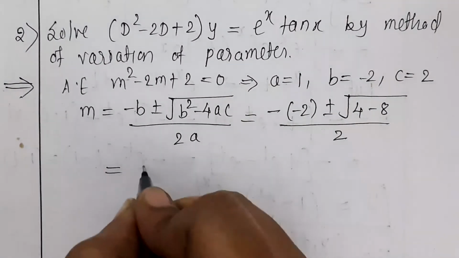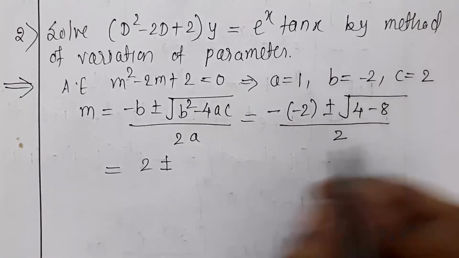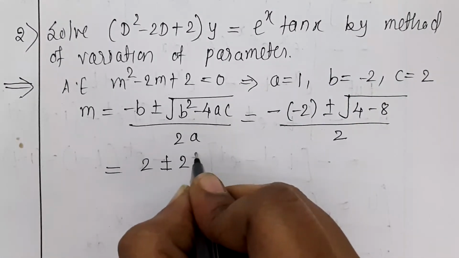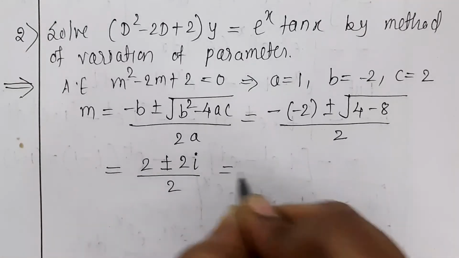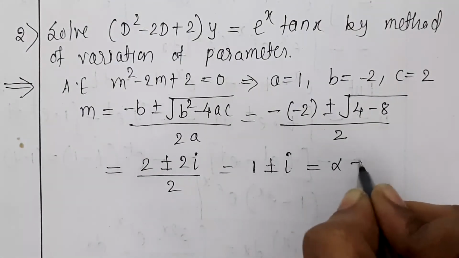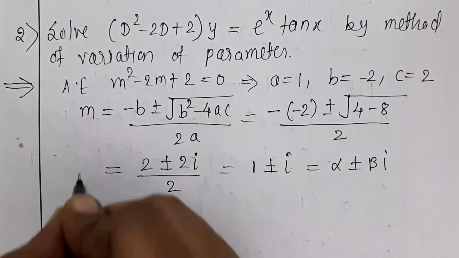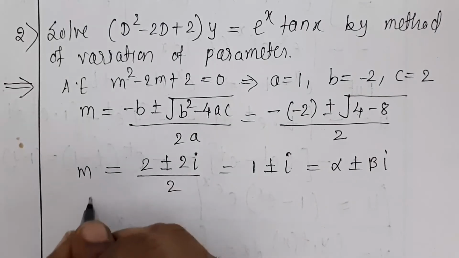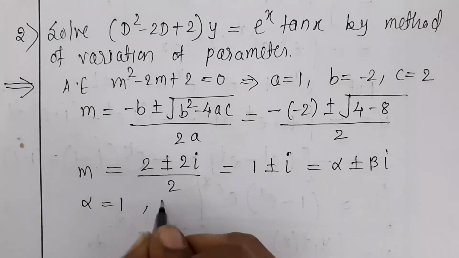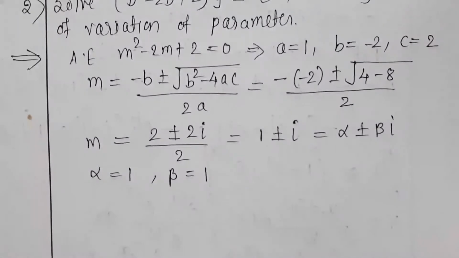It is equal to 2 plus minus, 4 minus 8 is minus 4, square root is 2i, divided by 2. So it is equal to 1 plus minus i, and equate it with alpha plus minus beta i. What are the values of alpha and beta? Alpha is equal to 1 and beta is equal to 1.